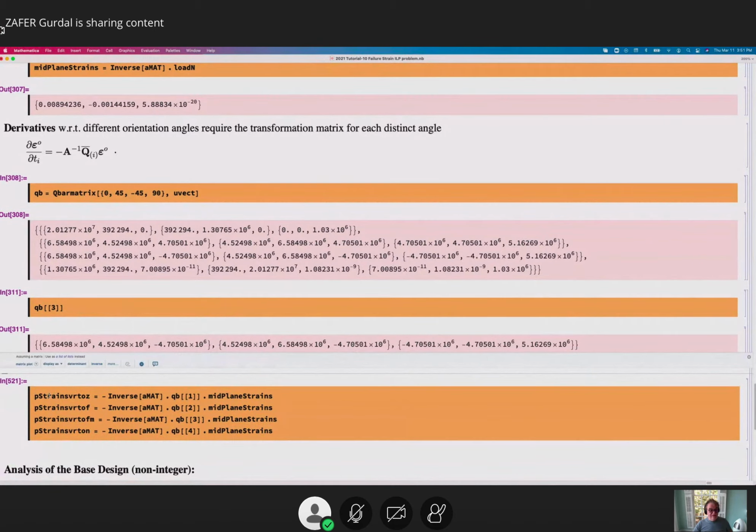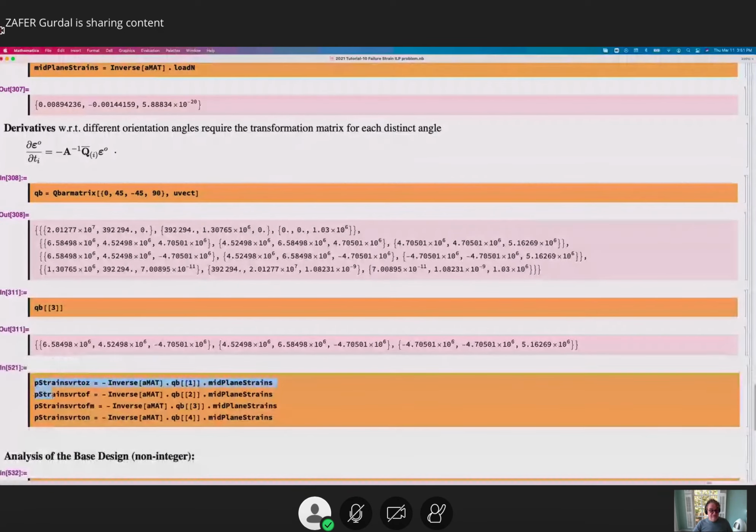So if I want the derivative of the strain, partial strains, I'm taking derivative of all 3 strains with respect to the first orientation thickness. Therefore, I use QB1 here.